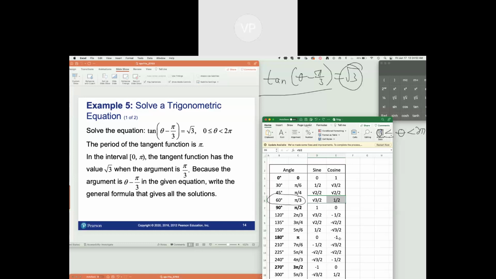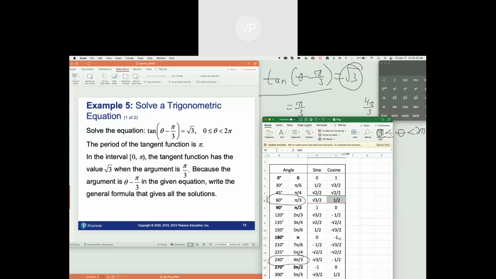It's going to be here, and then of course it's going to be right here, because again, when you take negative root 3 over 2 divided by negative 1/2, the negatives cancel, and again, you're left with a root 3. So my two solutions are pi over 3 and also 4 pi over 3.